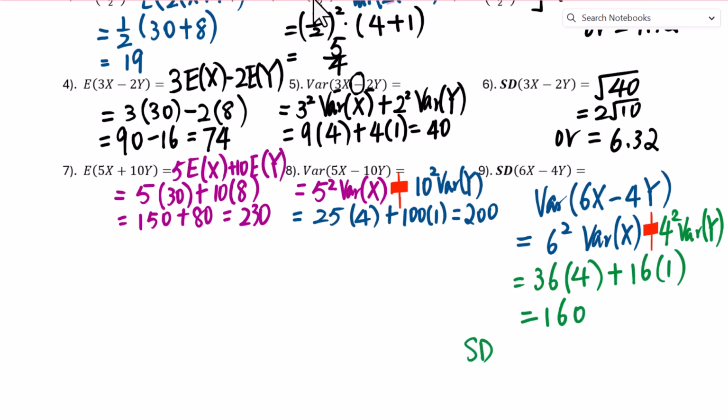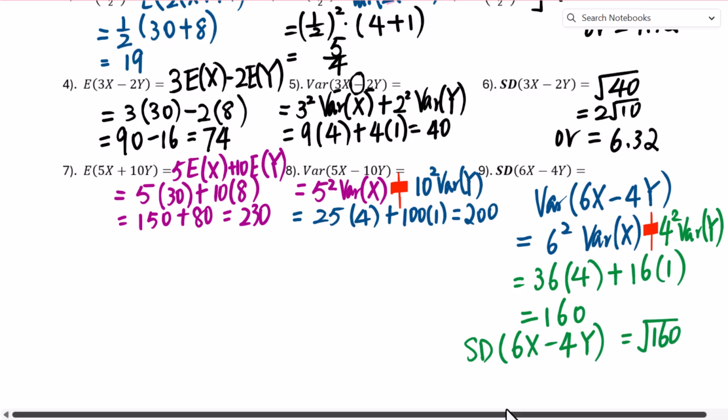So standard deviation of 6X minus 4Y equals square root 160, which is 4 square root of 10.